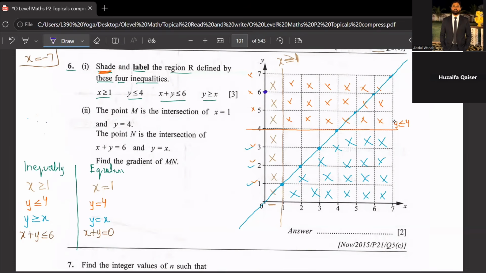If x is 1 and y is 5, it means 6. If x is 2, y is 4, it means 6. X is 3, y is 3, 6. X is 4, y is 2, 6. We got the same answer 6. 5 plus 1, 6. And x is 6, y is 0, so it's 6. So basically this is the line they are talking about.